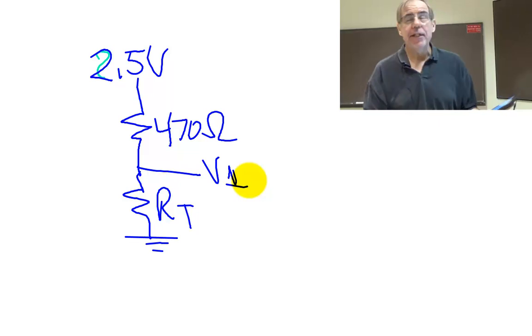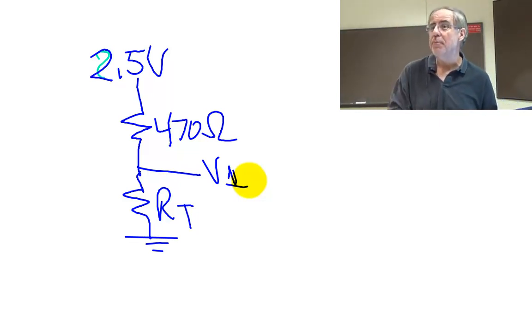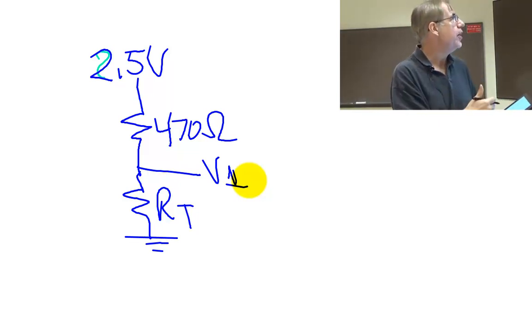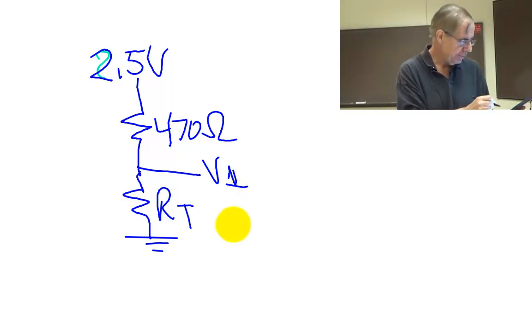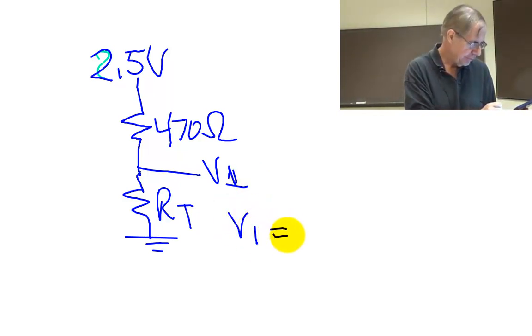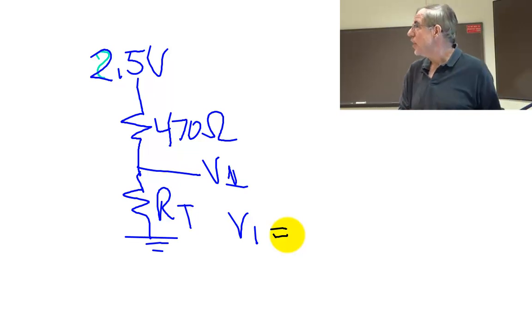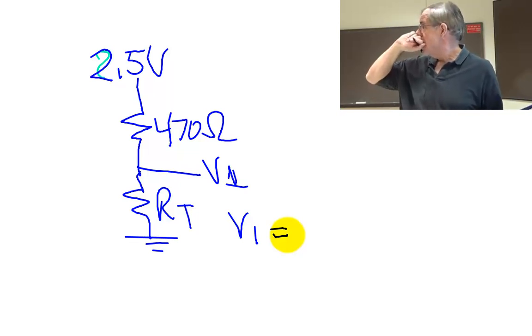It's not a very complicated circuit, but what can you tell me about the relationship between V1 and RT? Is it linear? No, but what is it?